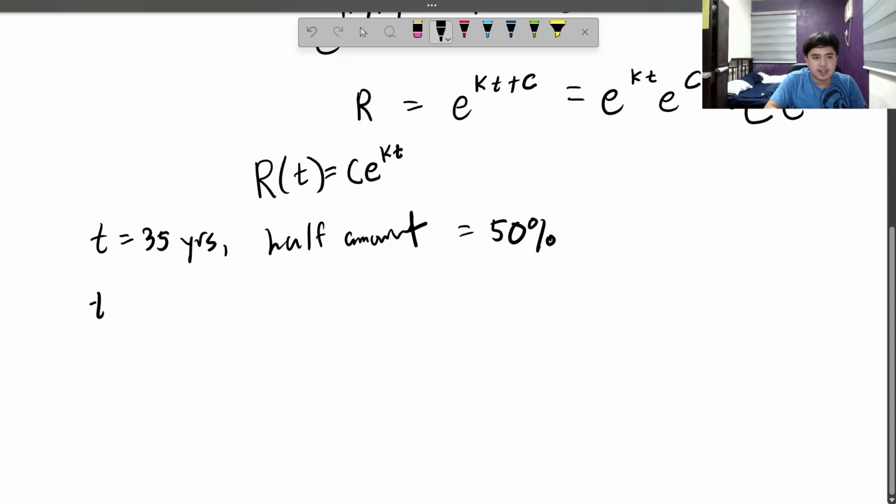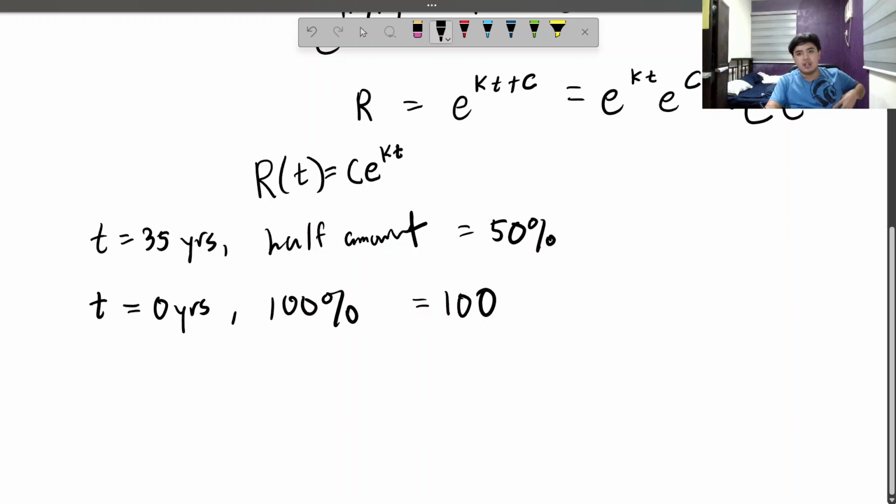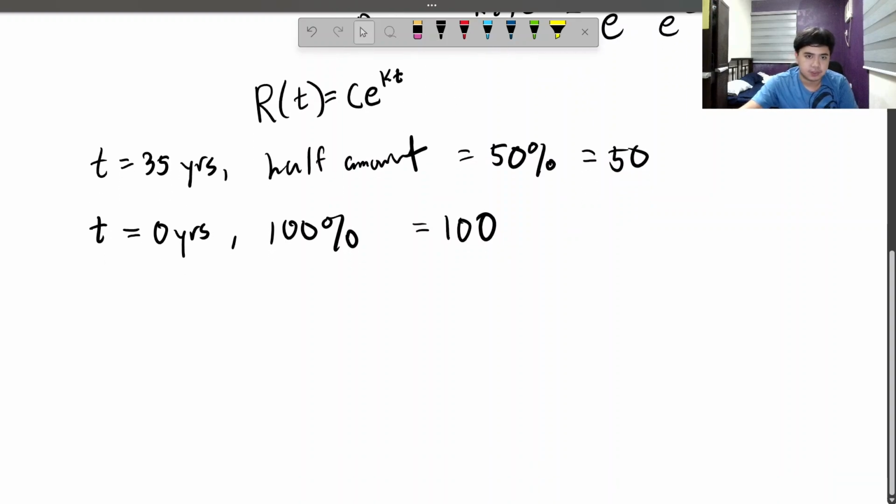So it must mean that at t equals 0 years, at the initial time, there was 100% of the material. So we will be using 100 as the initial amount of material, and 50 as the amount of material after 35 years.